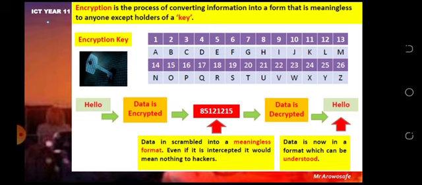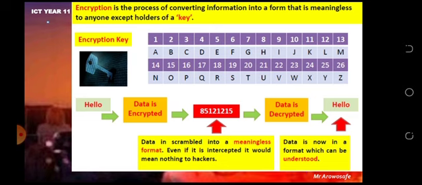So they now use hello as an example. Anybody can understand hello, but it can be encrypted. When they encrypt it, it will change to numbers. H represents 8 here. If you look at the table, this is representing 8.